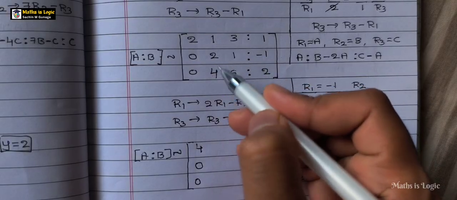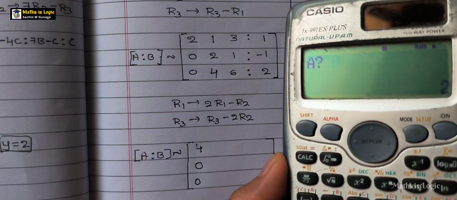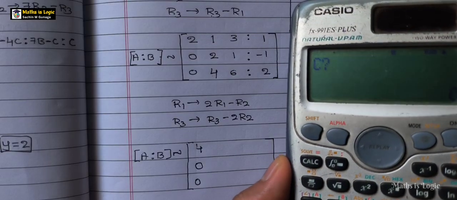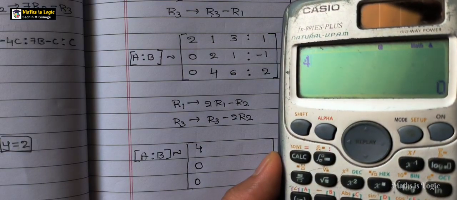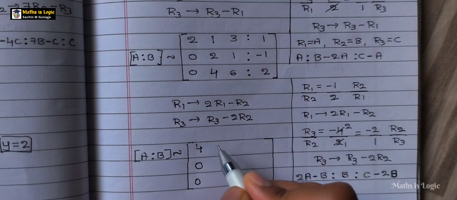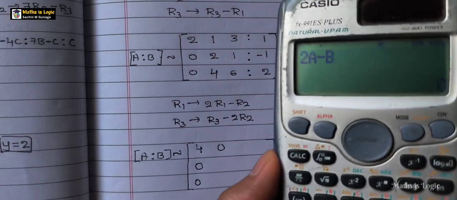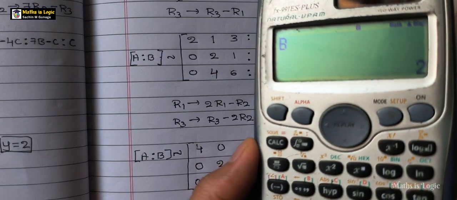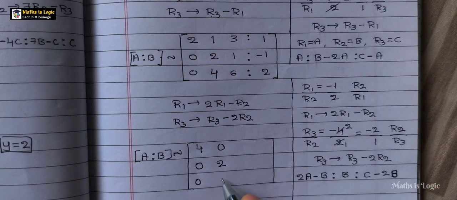Second column value 1, 2, 4. So first 1, 2, 4. That time first value becomes 0. Again press equals, next value becomes 2, next value becomes 0.